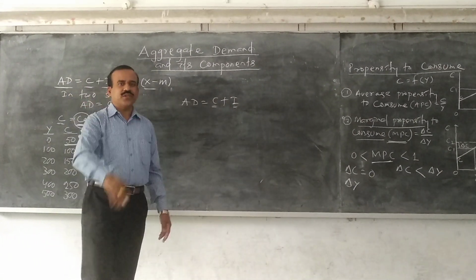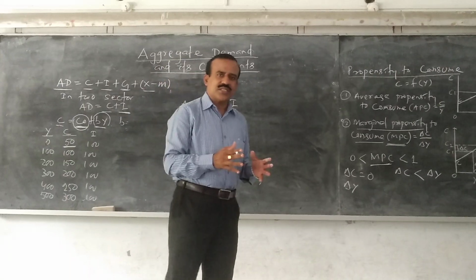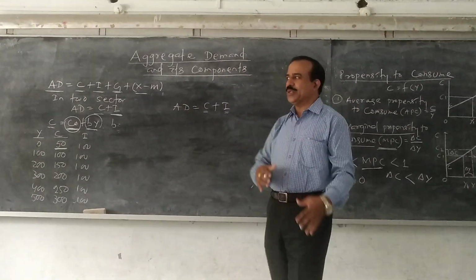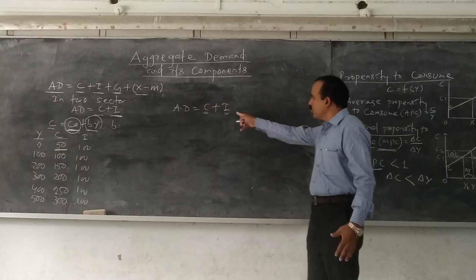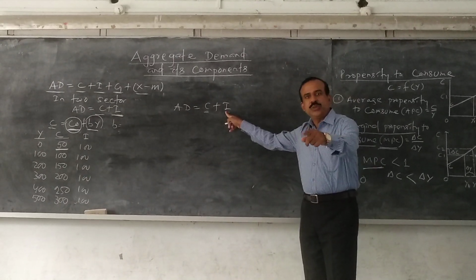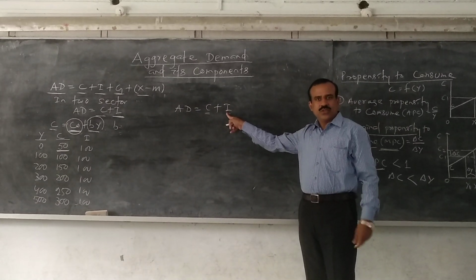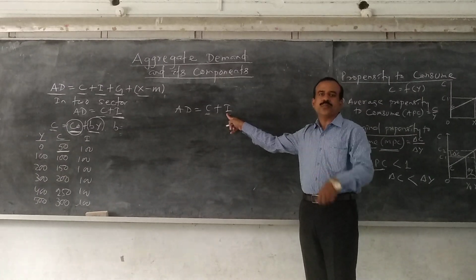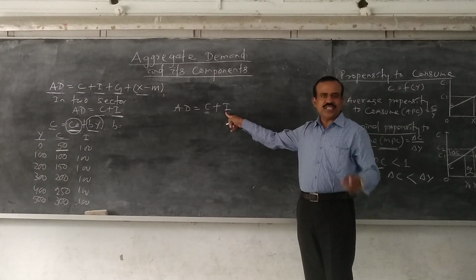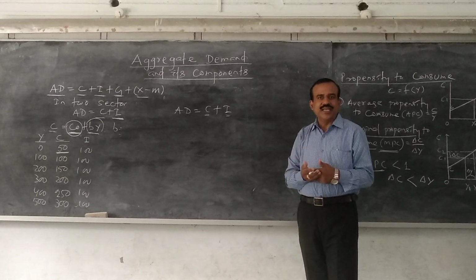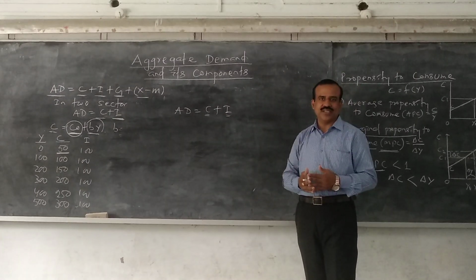There are two types of investment. Investment means expenditure made by the producer on capital goods. The two types are autonomous investment and induced investment. Autonomous investment does not depend on profit and is not related to income, but induced investment is related to profit.